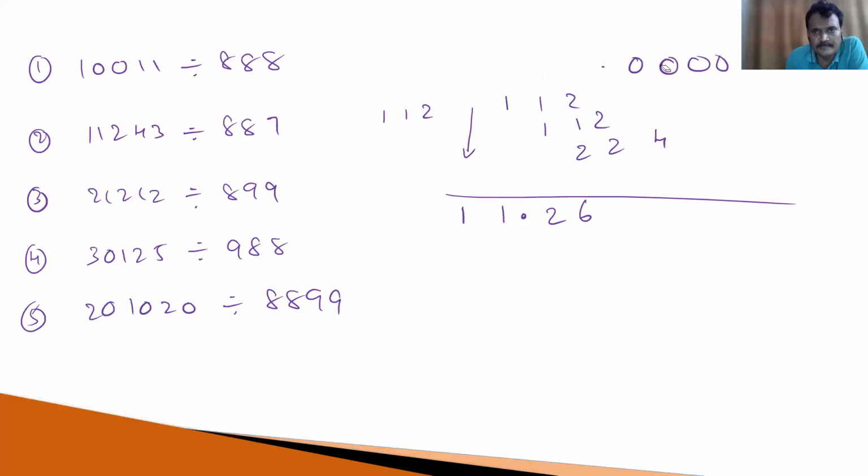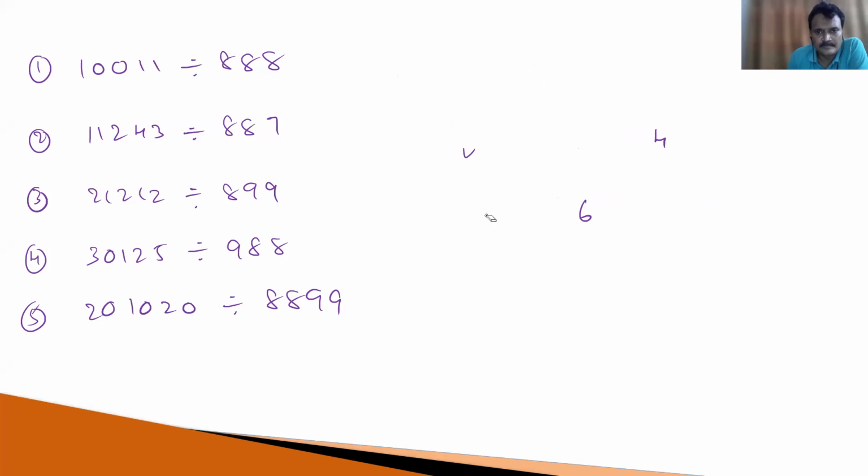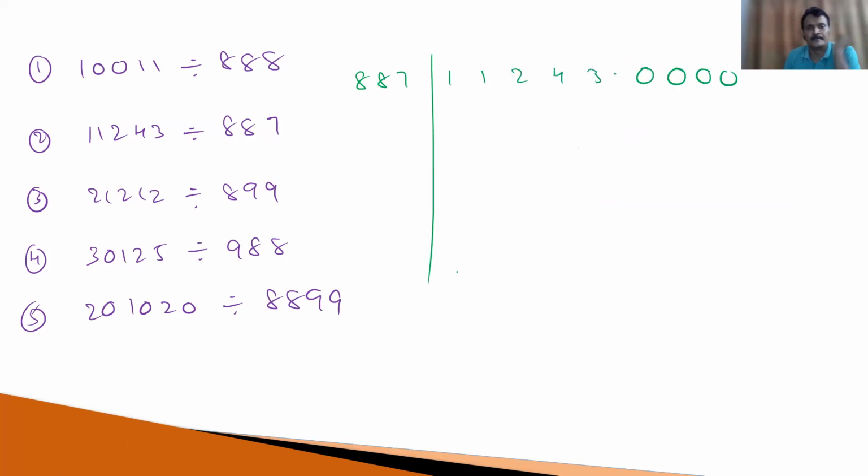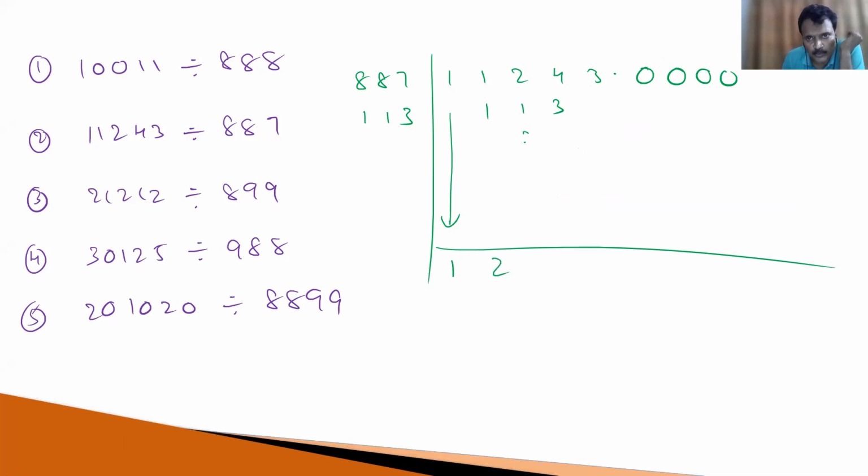Okay, next example. What is the next one? 887 into 11243.0000. Now, what is the complement? 113. Now, first straight away write down 1. 1 into 1, 1 into 1, 1 into 3. 1 plus 1, 2. 2 into 1, 2 into 1, 2 into 3, 6.